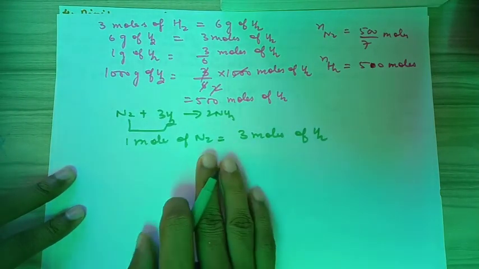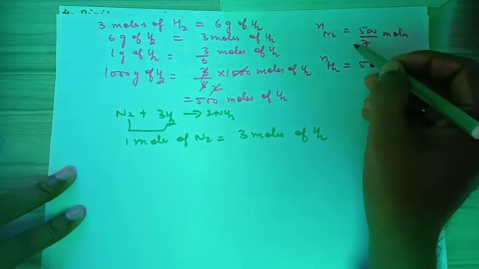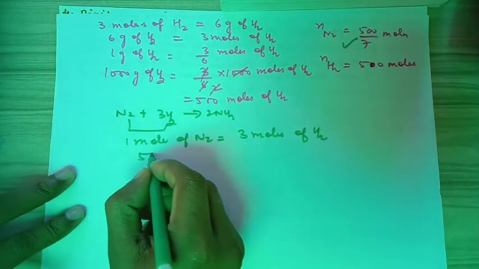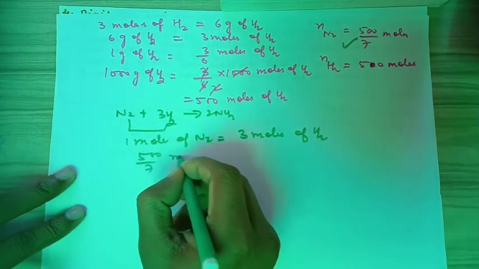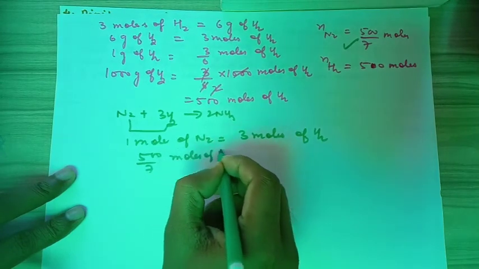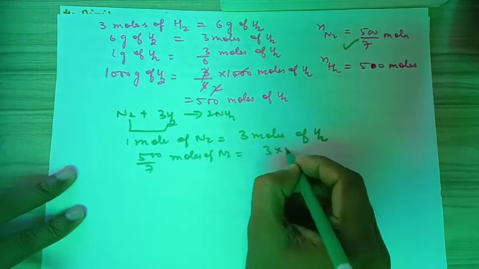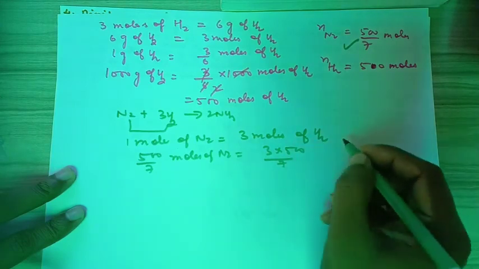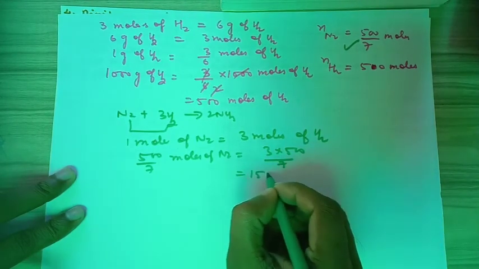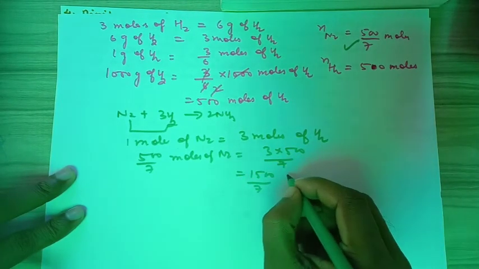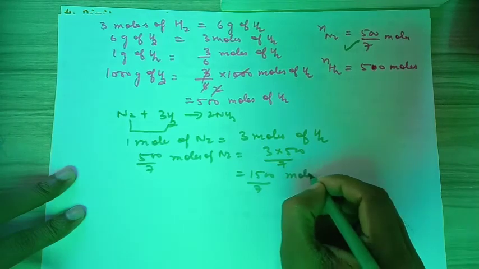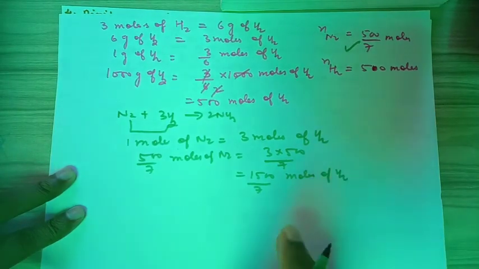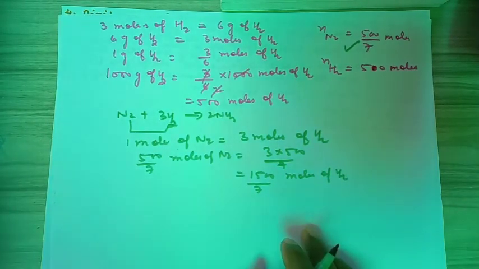Now moles of N2 available is 500 by 7, so we say that 500 by 7 moles of N2 will give us 3 into 500 by 7, and that will be 1500 by 7 moles of H2.